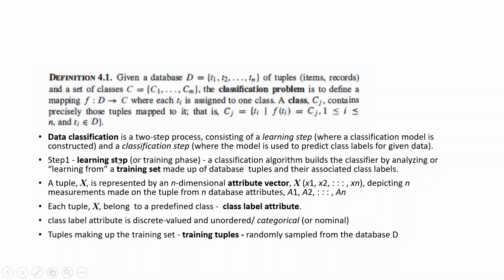The first step is the learning step or the training phase. Here a classification algorithm builds the classifier by analyzing or learning from a training set made up of database tuples. The training set is a data set which has a set of data as well as their associated class labels.